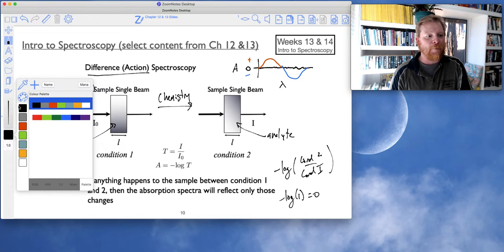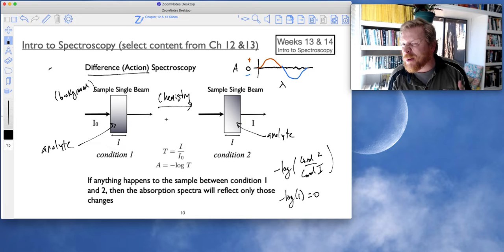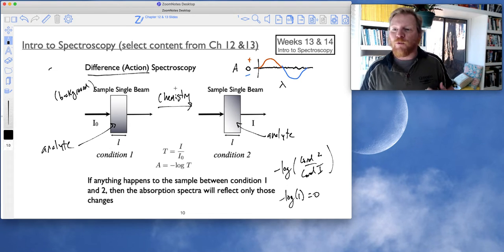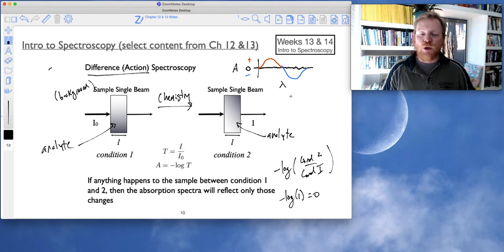Or even if this were UV-vis, we don't see functional groups in UV-vis, but rather we would just see a peak associated with the chemical bond that was lost and a peak associated with the chemical bond that was gained. And so in this case, a positive absorbance and a negative absorbance are very significant. They mean that something has been gained or something has been lost.